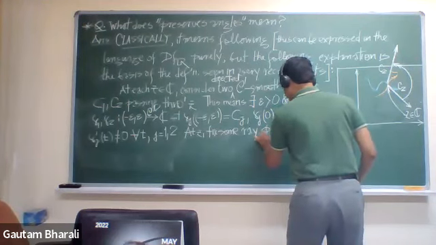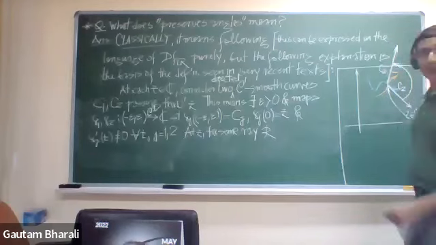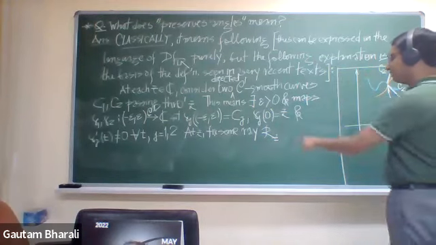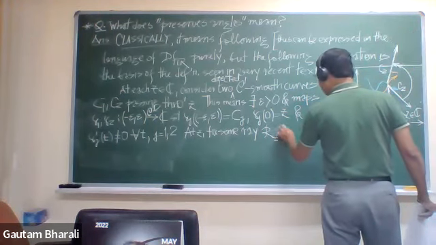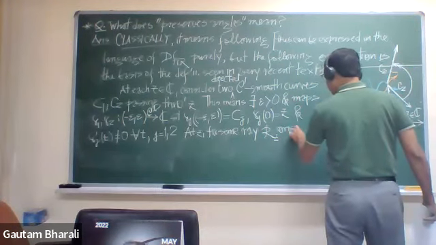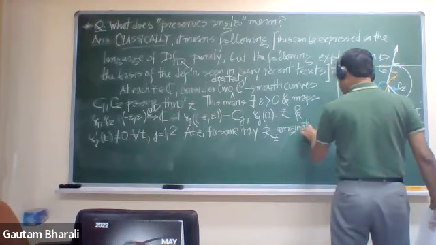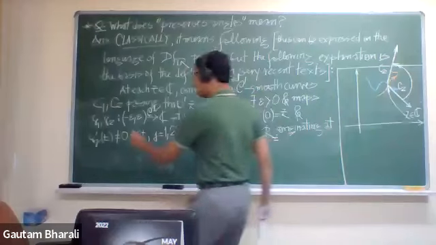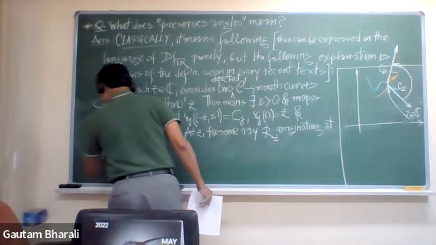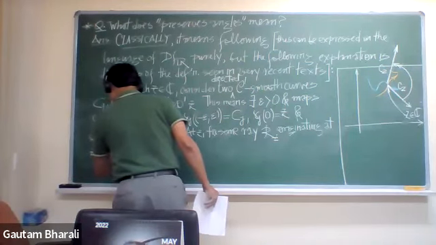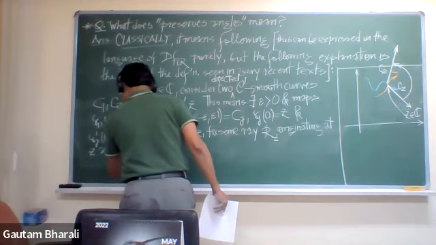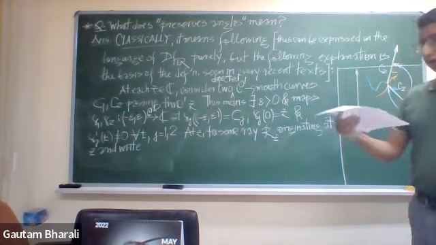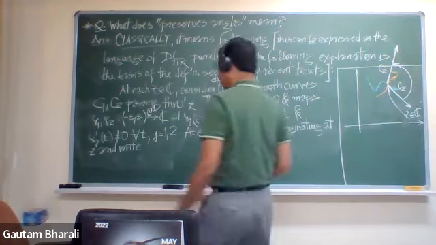R for ray, so let's write this script R sub Z as my symbol for a ray. Fix some ray R sub Z originating at Z. I'm going to come back to these curves in a moment. So let us first write the following.